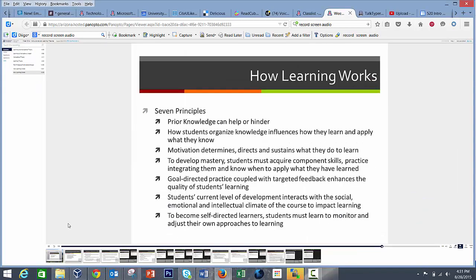So, number five, goal-directed practice coupled with targeted feedback enhances the quality of student learning. Learning and performance are best fostered when students engage in practice that focuses on a specific goal or criteria, targeting an appropriate level of challenge and is of sufficient quality and frequency to meet the performance criteria.